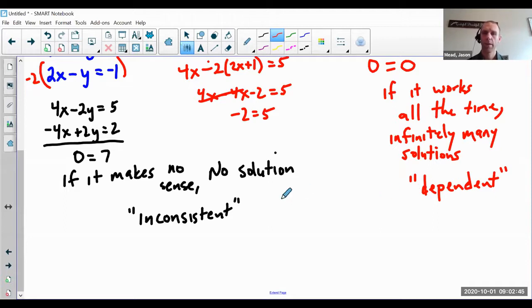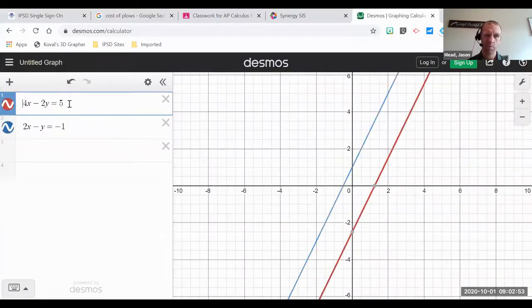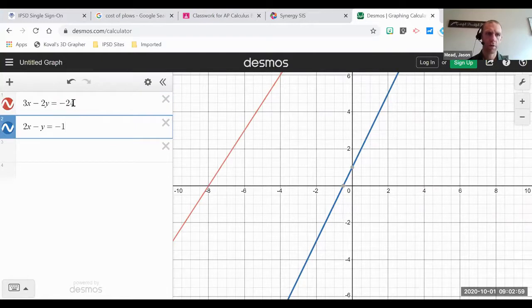Okay. So what that looks like graphically is, what did I have? 3x minus 2y equals negative 24.